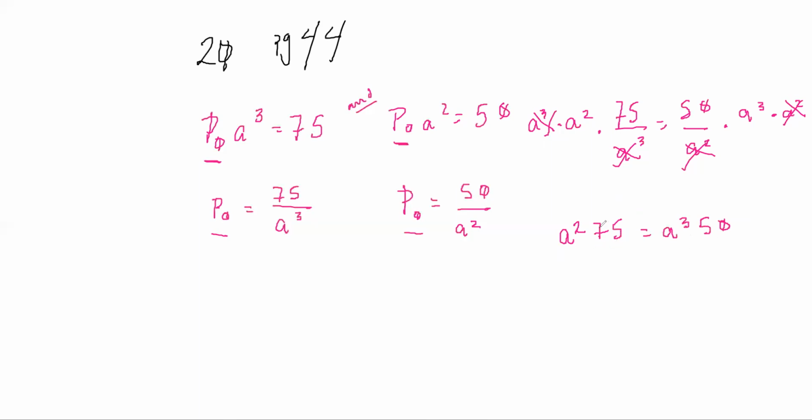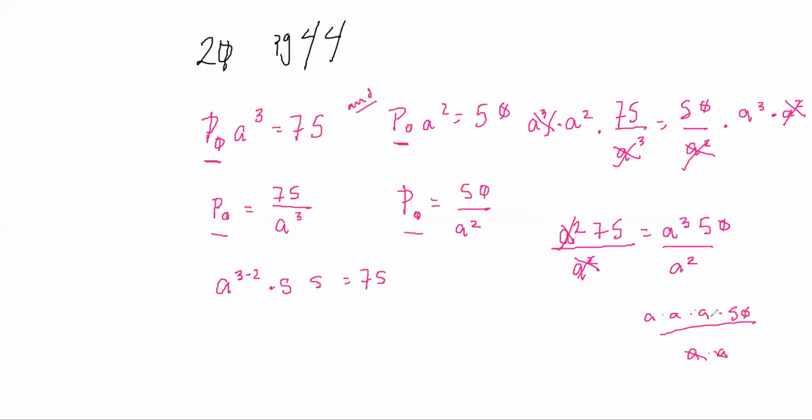Now I have a bunch of a floating around, so I'm going to divide both sides by a squared. In terms of exponents, this is going to cancel. You can think about it in terms of a to the 3 minus 2, or in terms of a times 50 divided by a times a.